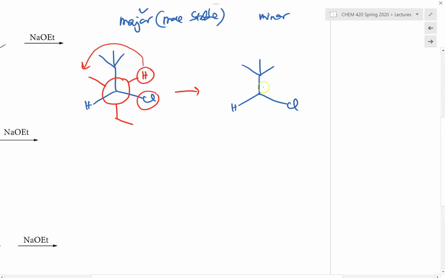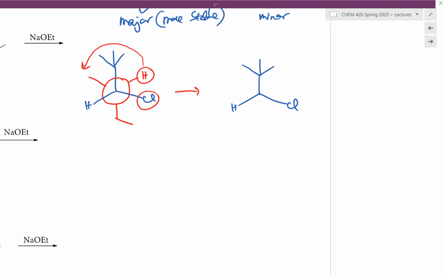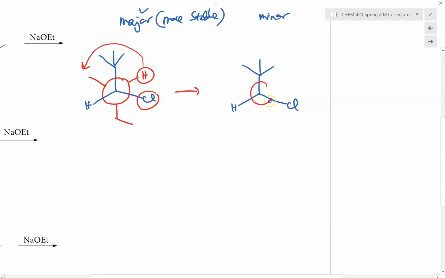And now when we rotate this back carbon, we want to put this hydrogen right here, by rotating the back carbon 120 degrees. Then the methyl group will be down here, and the ethyl group will be up here. But now we will have the anti-coplanar arrangement. So this is now in the correct position to undergo the elimination reaction.